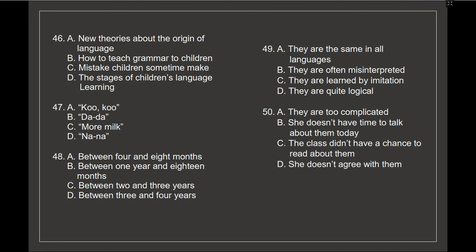At what age do most children begin to master the basics of grammar? Number 49. What does the speaker say about the grammatical mistakes that 4-year-olds make? Number 50. Why does the speaker not discuss the theories about how children acquire language?